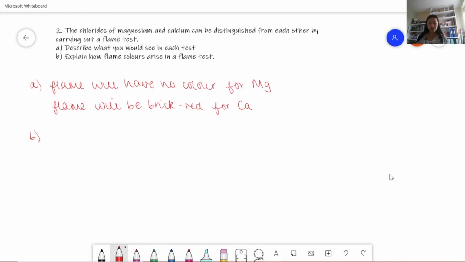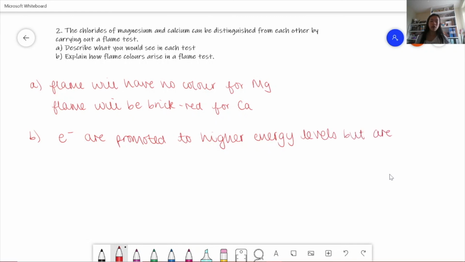And so what we have first is that electrons are promoted to higher energy levels, but are unstable there.